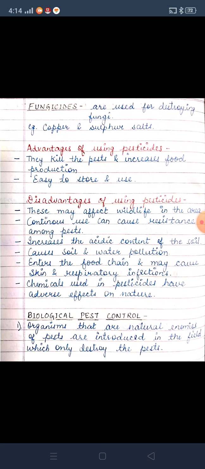Then the last point is that chemicals used in pesticides have adverse effects on nature. That means they cause an opposite effect on nature, as the pesticides which are used are non biodegradable, so they cause adverse effects on nature.